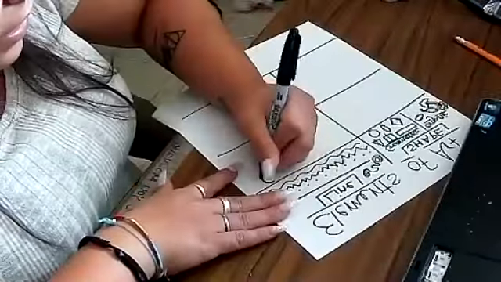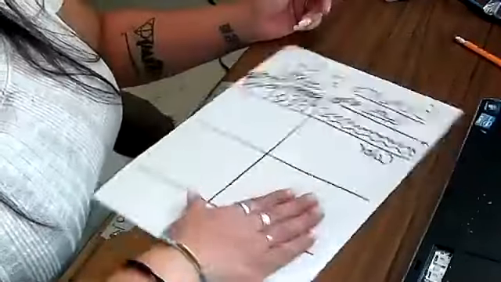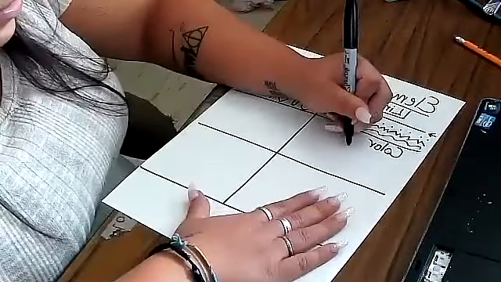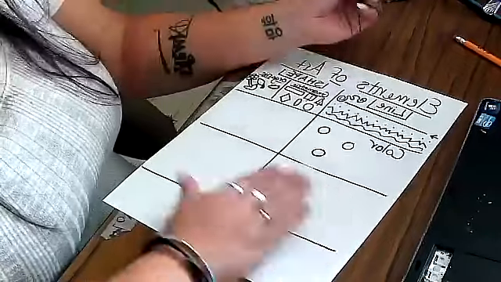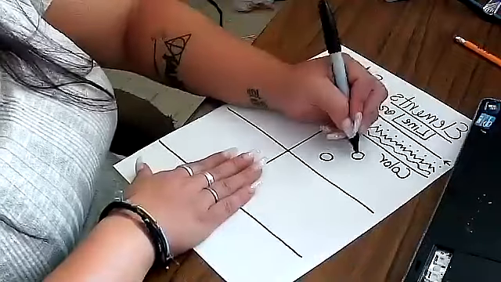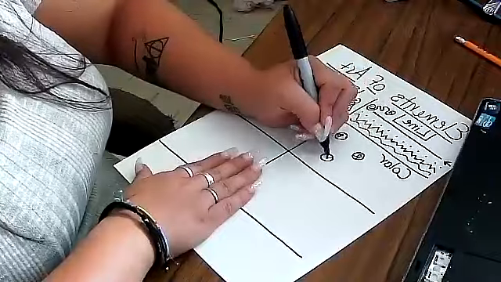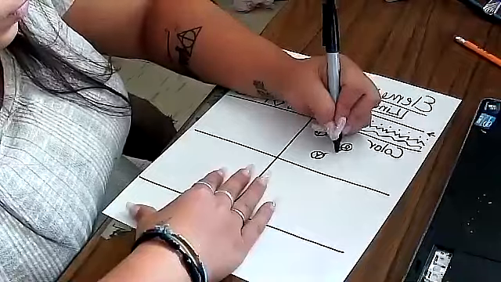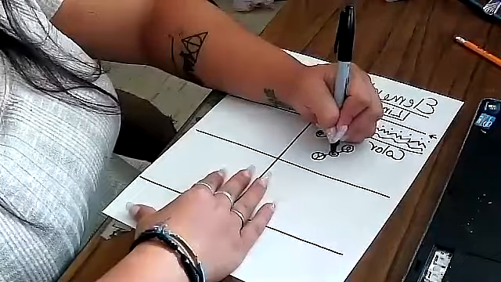All right, moving on to color. Color is color, okay? So there are three primary colors. Let's quickly do an example of our color wheel. There are three primary colors, and that is red, blue, and yellow. Now, if we mix red and yellow, what do we get? Orange.